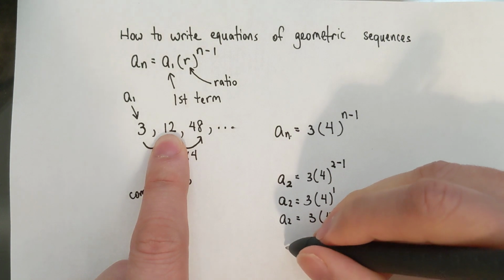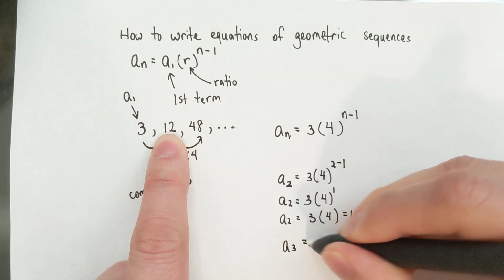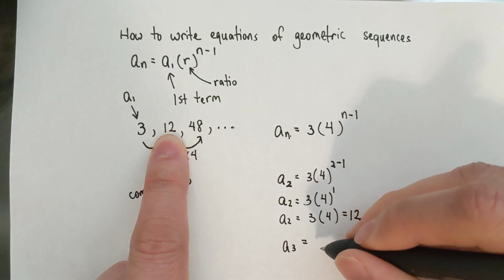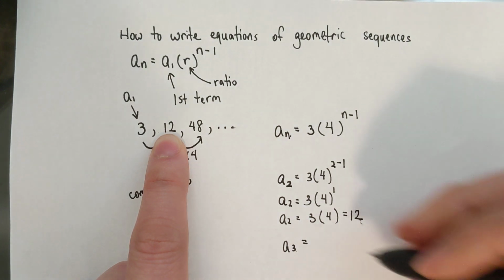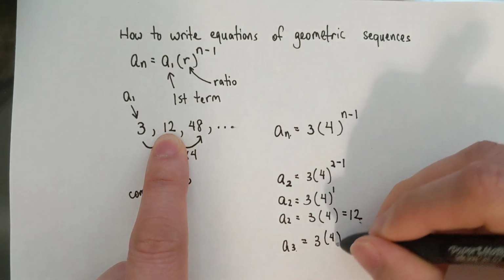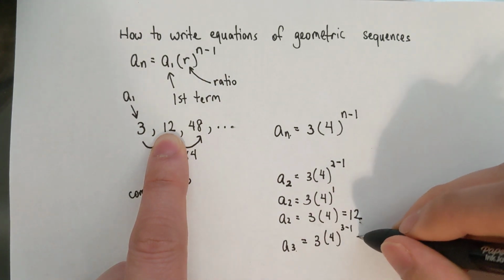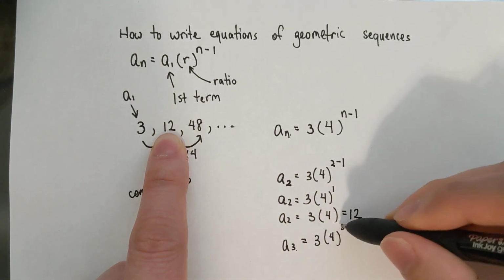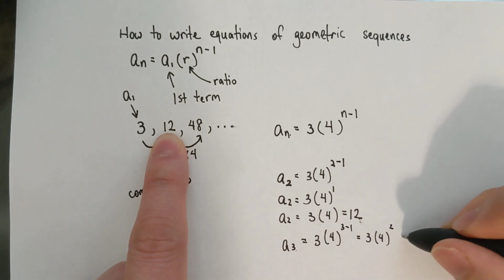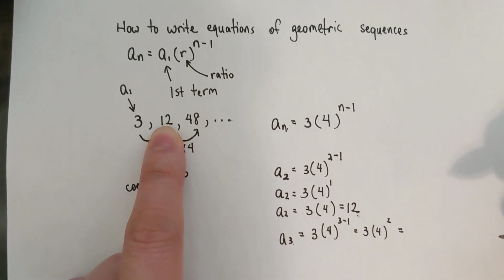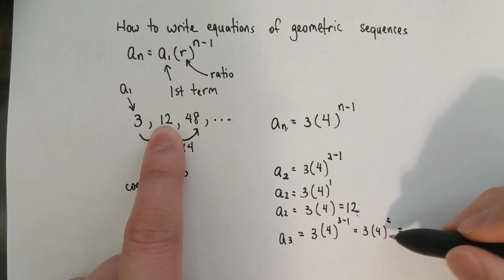And you can go on forever to check. If you want the third number, hence I put 3 for n, you can check it yourself, and you will see that 3 minus 1 is 2. And don't forget your PEMDAS, your order of operations. You have to square first before you multiply.